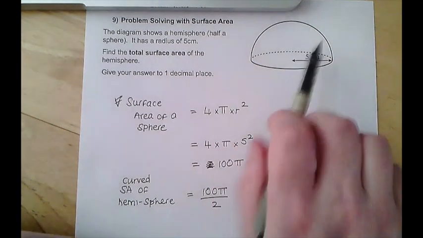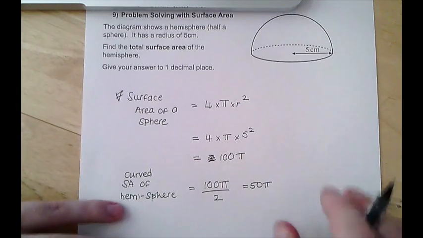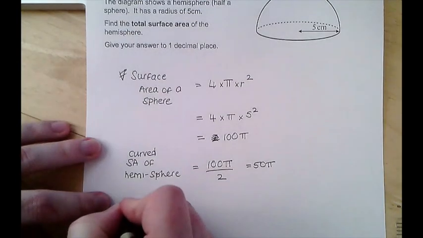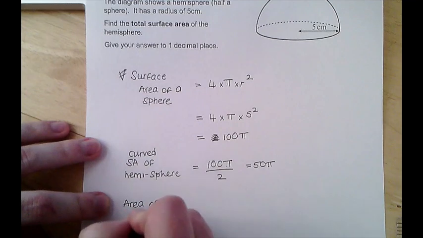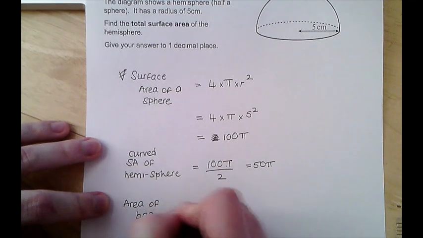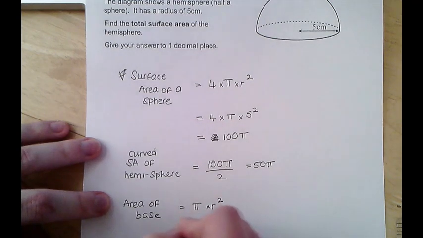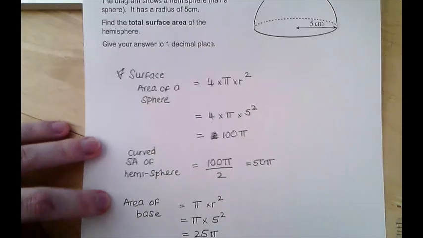So that's given us everything other than the circle at the bottom. And we can work out the area of the base, which is pi times the radius squared. Radius is 5, so that's going to give me 25 pi.